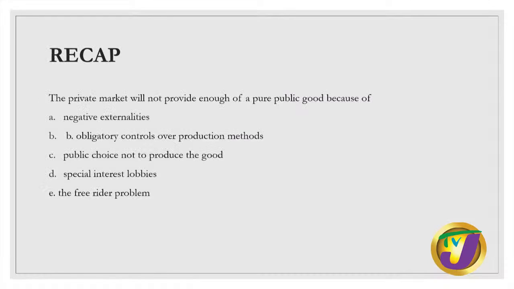And the last question for homework, please take note of this question. So the private market will not provide enough of a pure public good because of, is it A, negative externalities, obligatory controls, public choice, special interest lobbies, or the free rider problem?